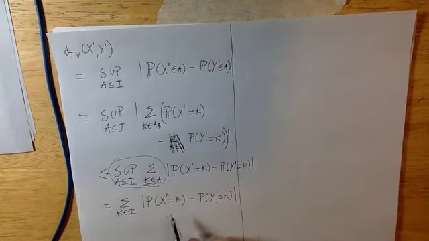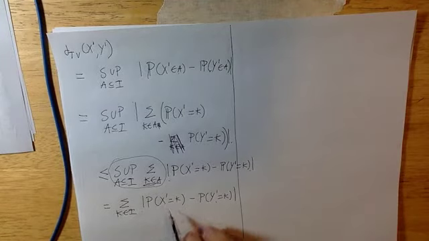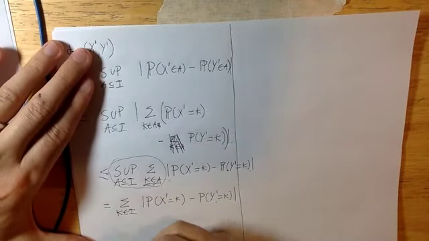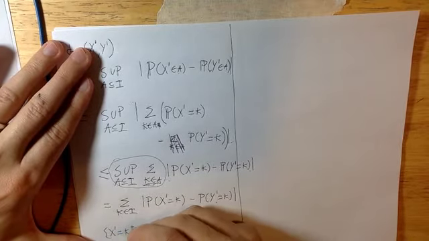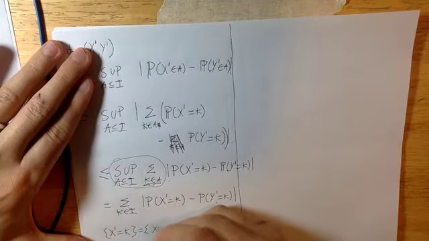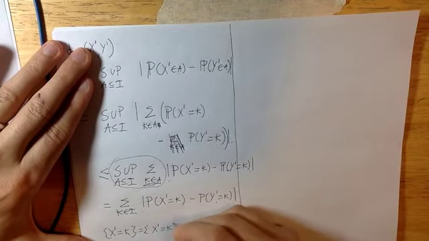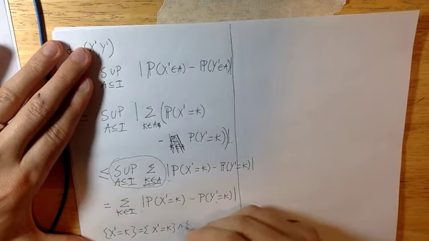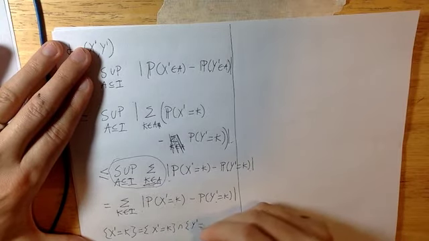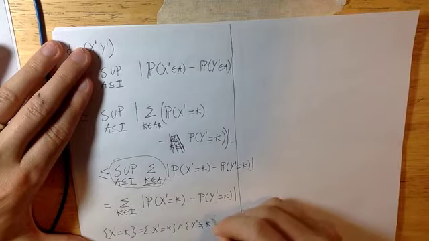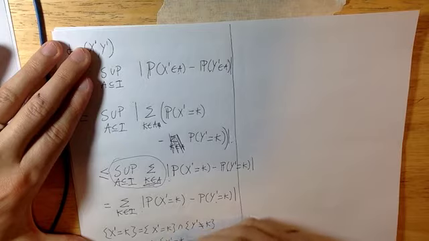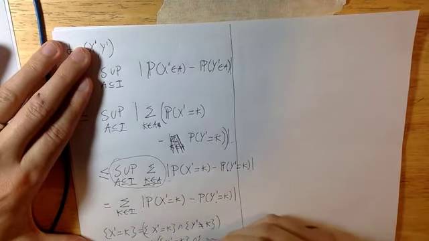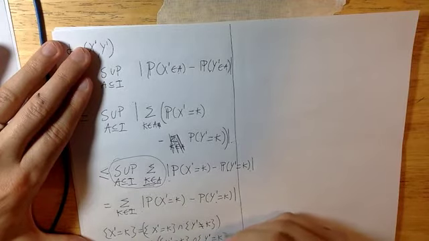So what I'm going to do is write this set as a disjoint union: X prime is equal to k is equal to X prime is equal to k intersection Y prime is different from k, union X prime is equal to k intersection Y prime is equal to k.